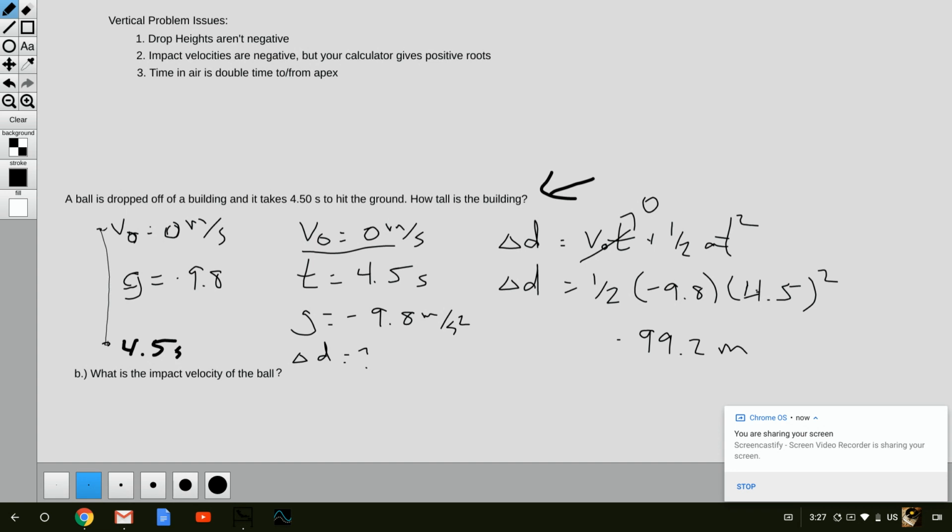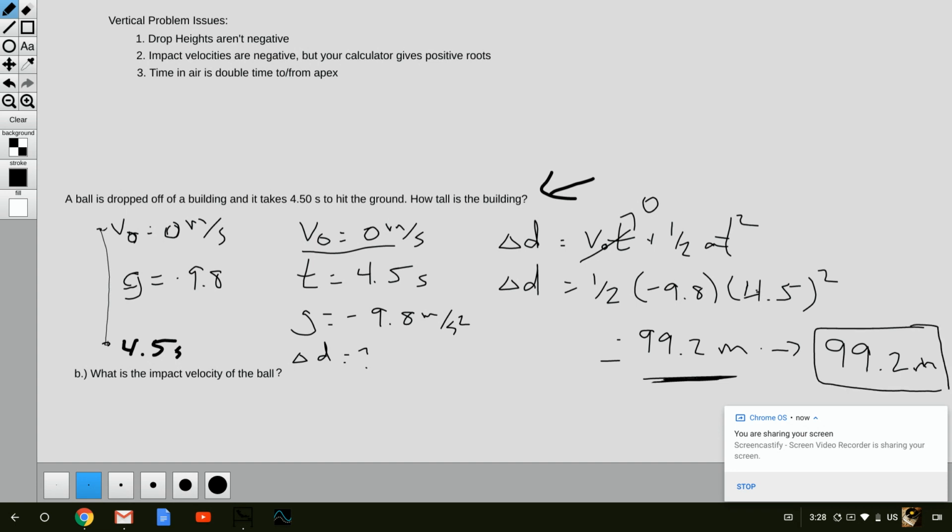Now, here's the issue. It's negative because we calculated the displacement of the ball. We didn't calculate the actual height of the building. So when we circle our answer, we have to realize that our drop height is not negative. This was the displacement of the ball right here. So the height of the building is 99.2 meters.